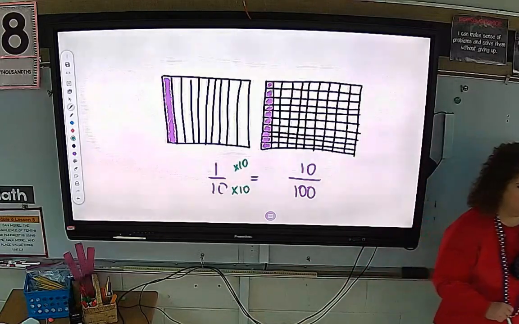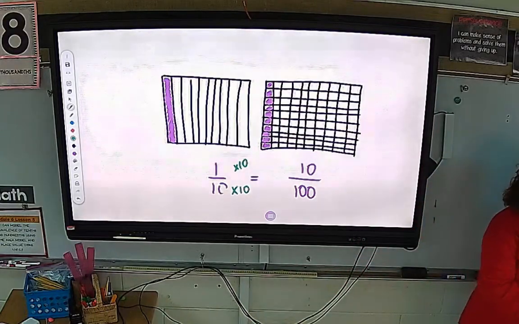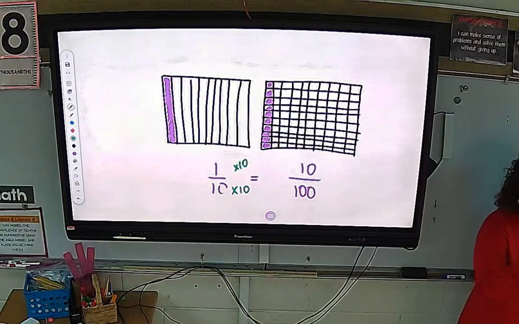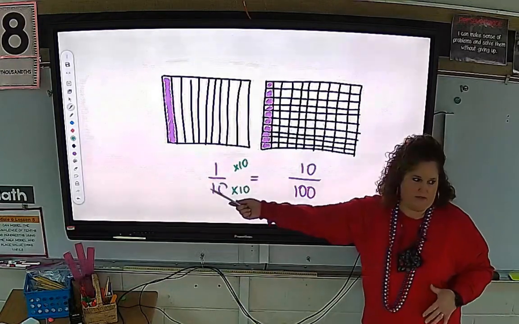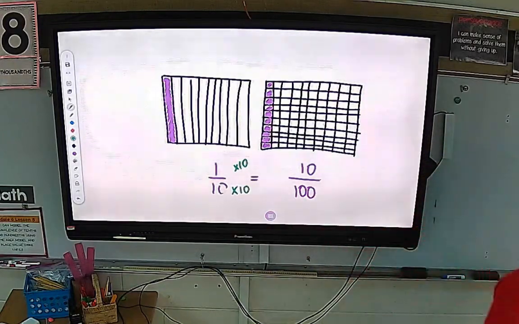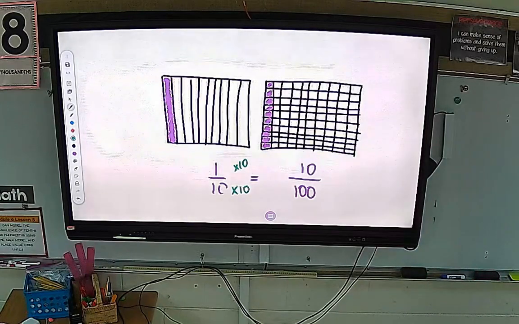If I multiply 10 times 10, I'm going to get 100. So I also got to multiply whatever the numerator is by 10. Multiplying by 10 is not that difficult, is it? We're adding a 0. Multiplying by 10 is going to happen a lot with decimals, so I want us to get comfortable with that.